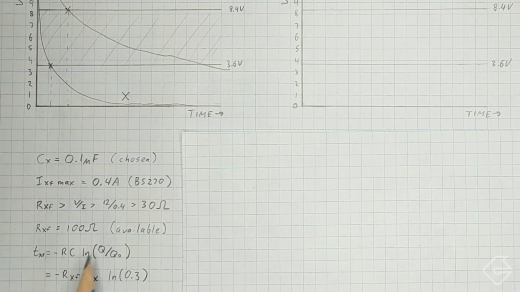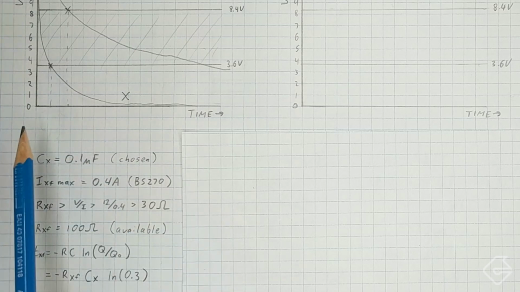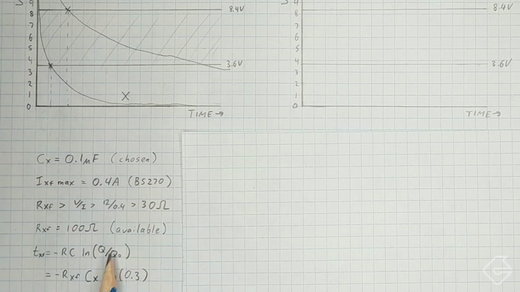The equation to calculate that is complicated. I'm not going to go into the reasons why it is, but there it is. It's based on the resistance, the capacitance, and this monstrosity over here, which is basically the ratio of the total supply voltage.